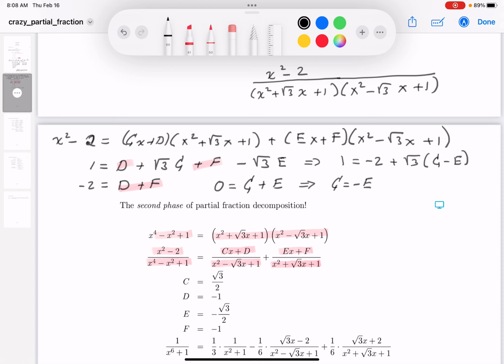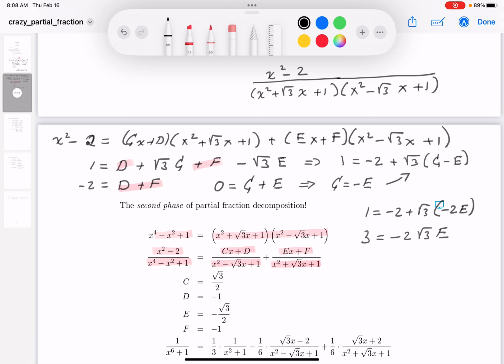All right, let's see if we can get that going. I'm going to take this and pop it in up here, see what we come up with. What do you get? You get 1 equals minus 2 plus root 3. And then c is minus a, so you get minus 2e here. And let's write this down over here. You're going to get 3 equals minus 2 root 3 e. See if I did that right.